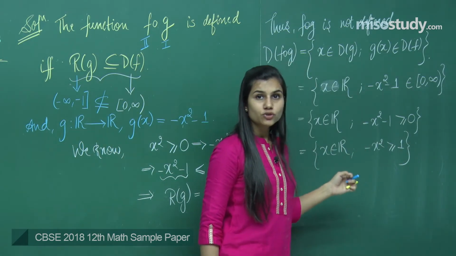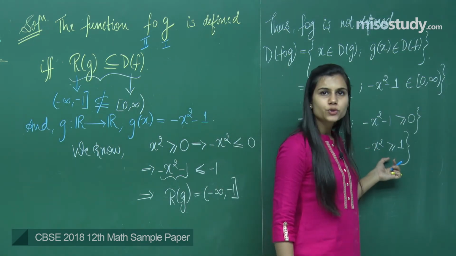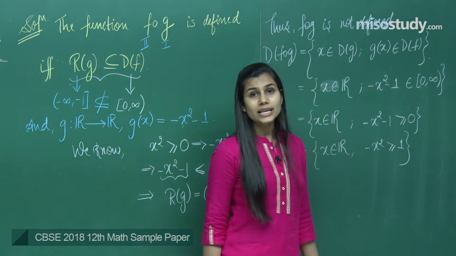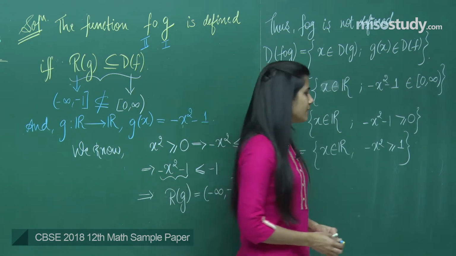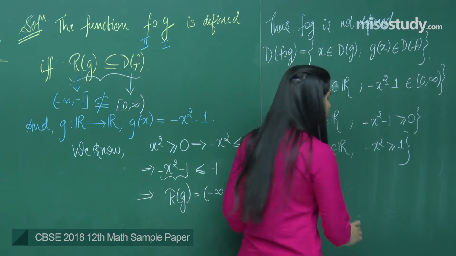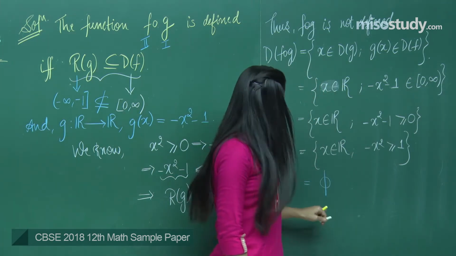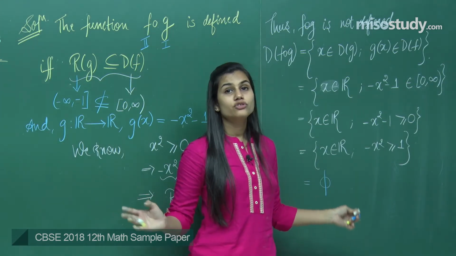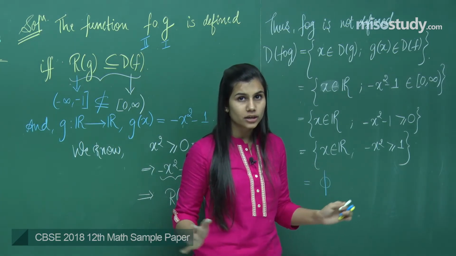That is what you need to do over here. Is there any real number whose negative of the square is greater than or equal to 1? Well, it is strictly less than 0, or less than or equal to 0 also, but it is never greater than or equal to 1. Therefore, there is no such x satisfying this, and so this set is an empty set. There is no member in the domain of FOG. That means FOG is just not defined. It's not at all in the picture.